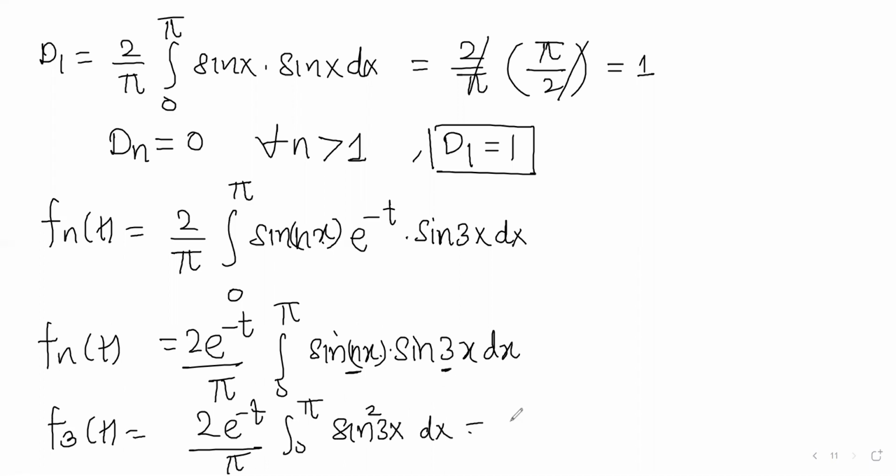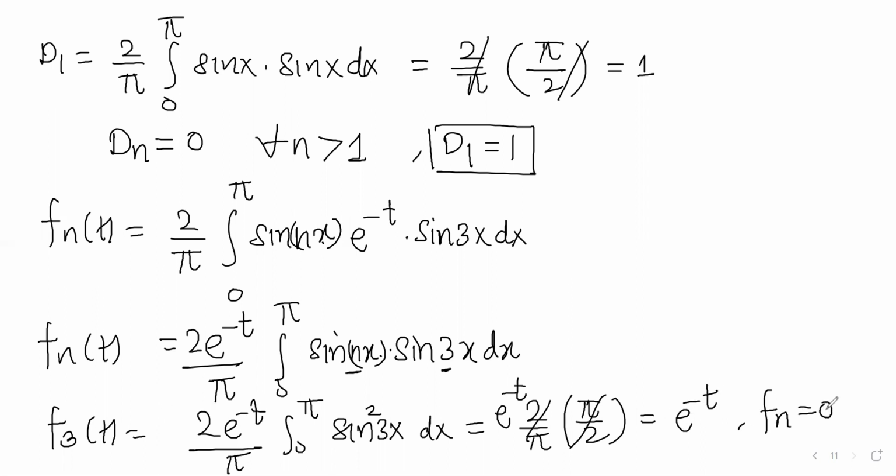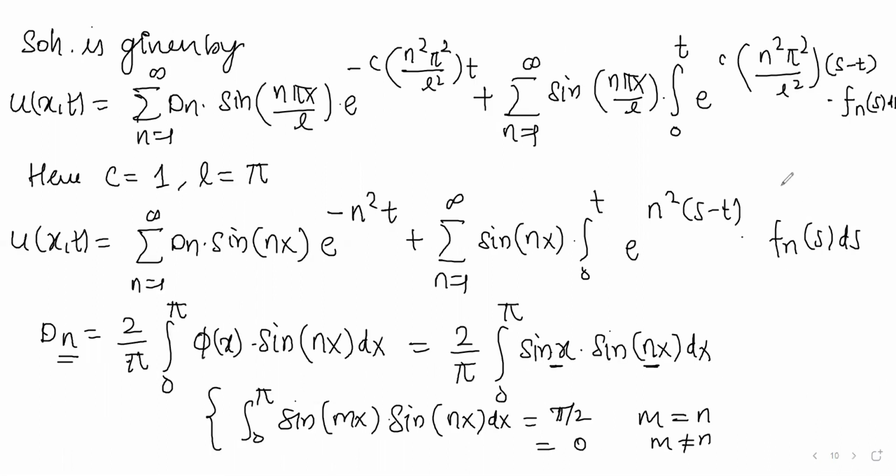That will give me 2 by pi here, and e power minus t is there, and then again it will be pi by 2. So this gets cancelled, you get e power minus t. So I have f3 of t as a function of t, e power minus t, and rest of the fn's are 0, for all n excluding 3.